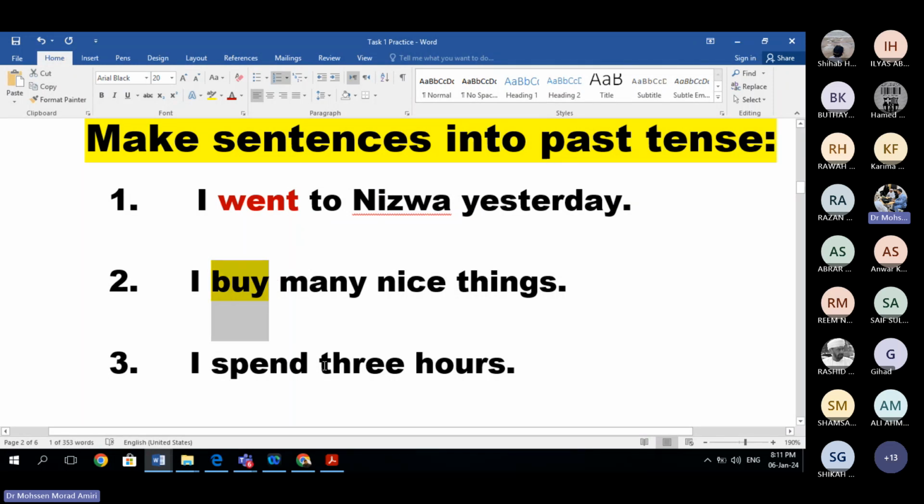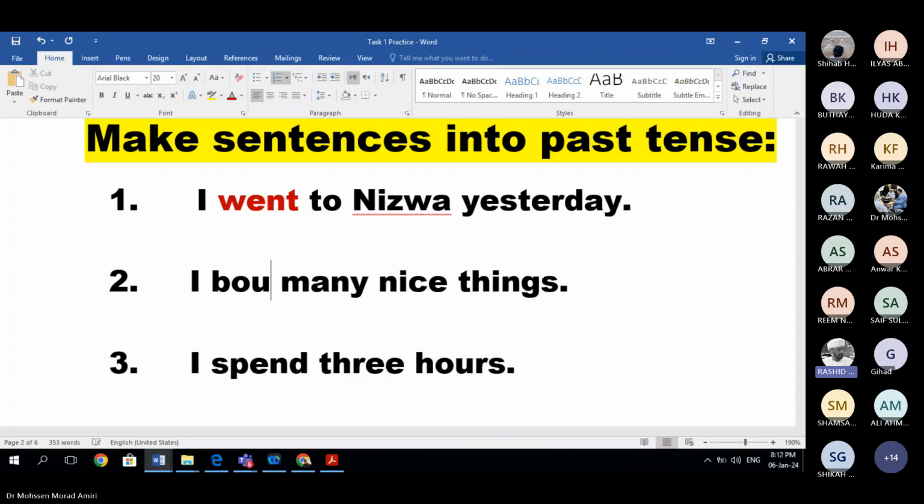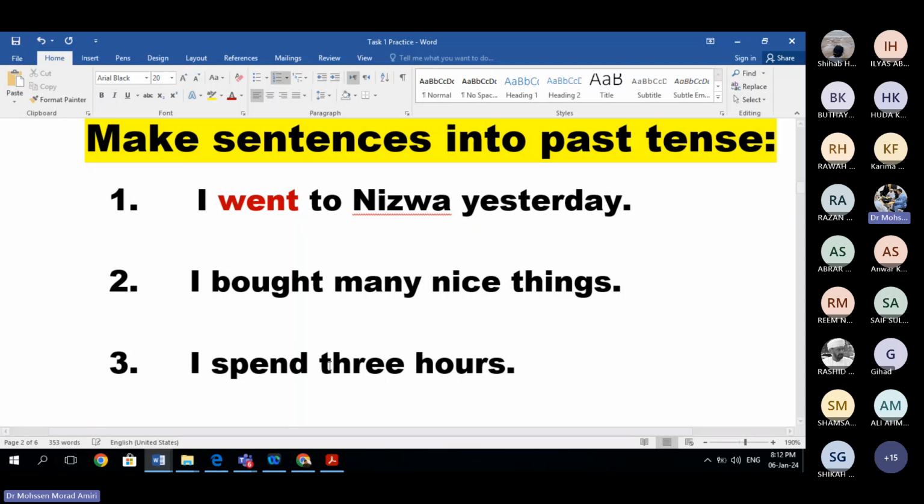Okay, buy. What is the past tense? I bought. Very good. Do you know the spelling of that? Yes. Could you tell me? B-O-U-G-H-T. Very good. So Shabab, the madi of buy is bought.